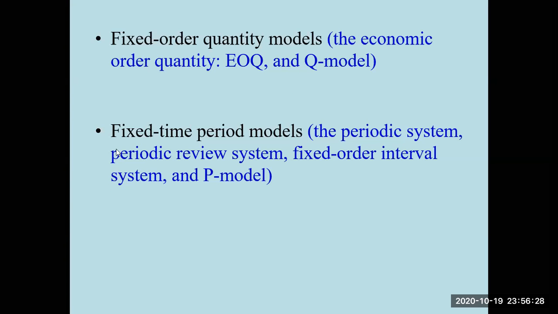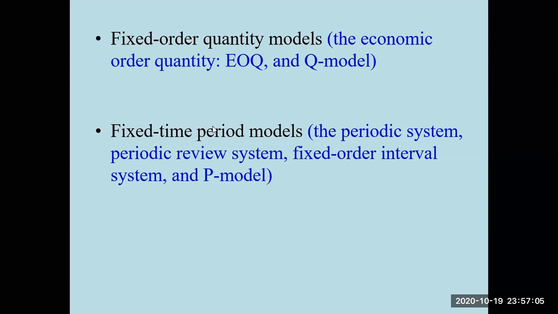And the other one is the fixed time period model. Decide the time when to place an order, like every 10 days or every 15 days. So fix the term, the period. The other names are the periodic system, periodic review system, fixed order interval system.